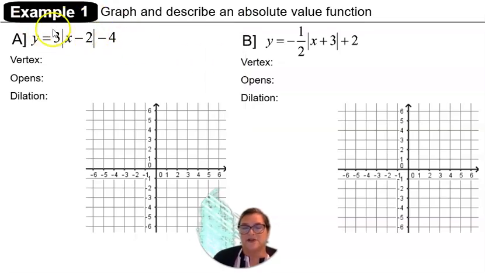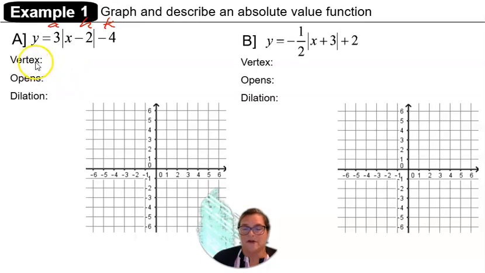Using the transformation form we looked at, here's the 3, that's the number multiplied out front, that's the A. The H is after the X inside of the absolute value, it's being added or subtracted from the X. And then the K is outside of the function, that's the constant at the end.